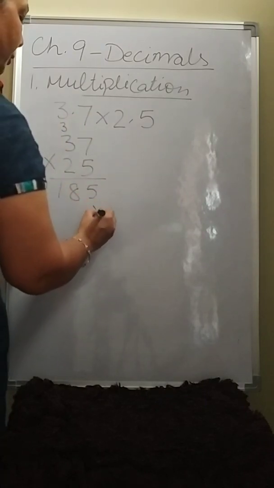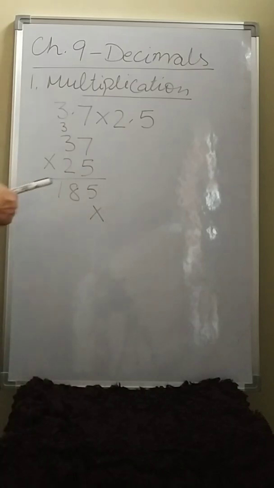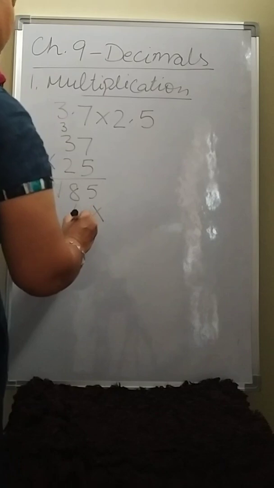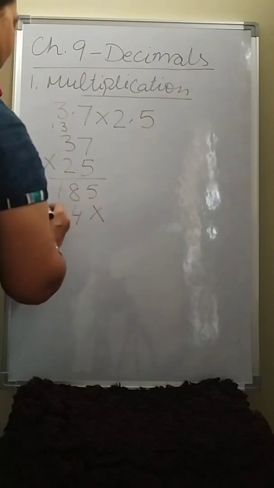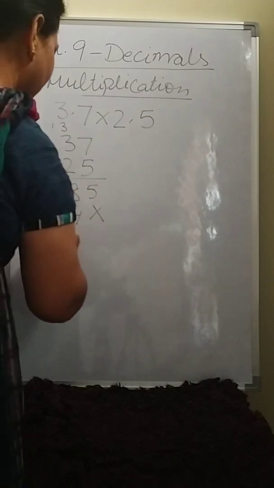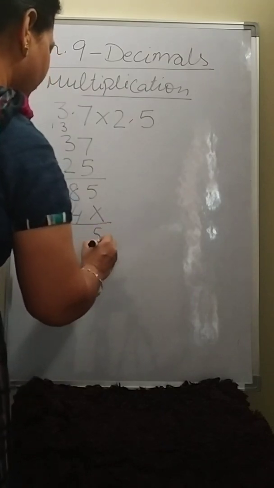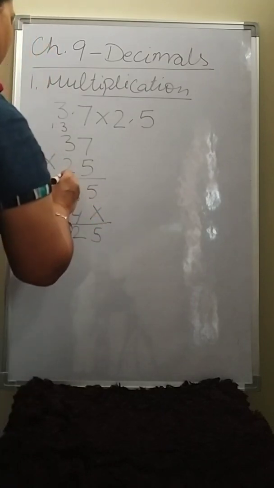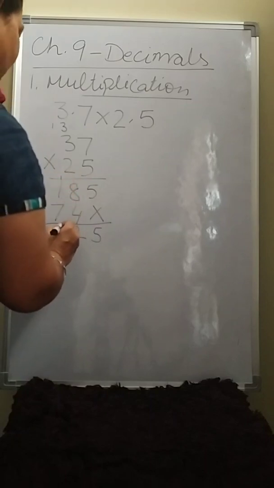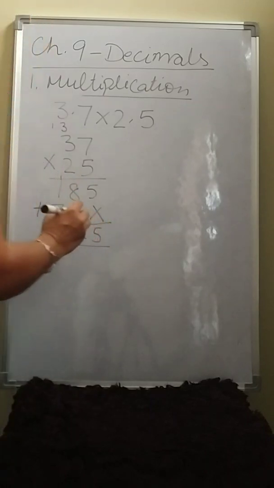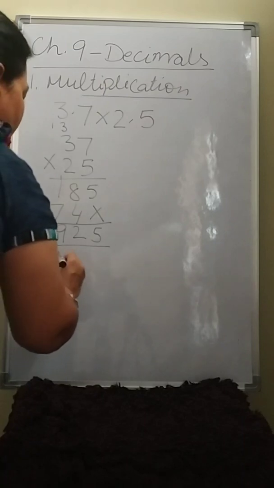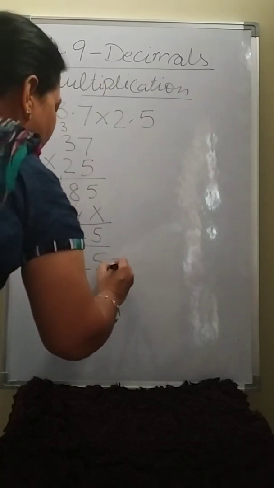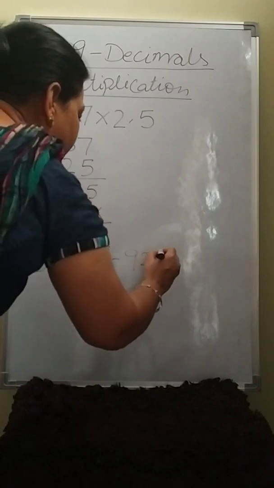In the next line we will put the cross first, then multiply these digits by 2. 2 7s are 14, 1 here, 2 3s are 6 and 1 is 7 here. Now we will add these two lines. 5, 8 and 4, 12. 1 is here, 1 and 1, 2 and 7, 9. We get the answer: 37 into 25 is 925.